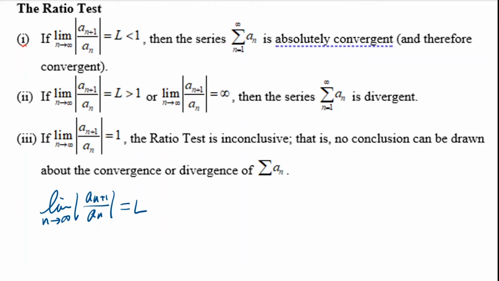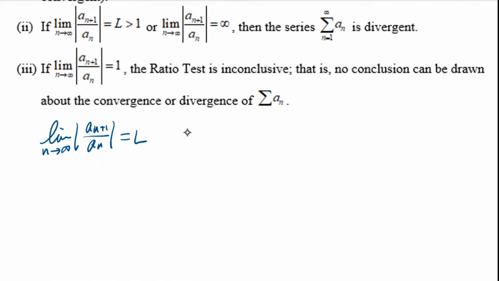Then what that means is this ratio, a_(n+1) over a_n, absolute value, is approximately equal to L for some large n, right? Because n approaches infinity and these two become about 1.